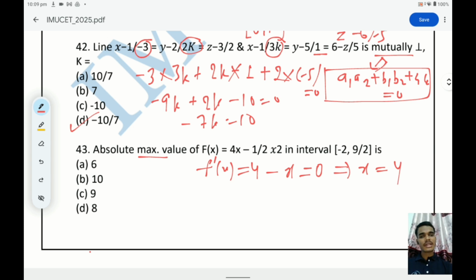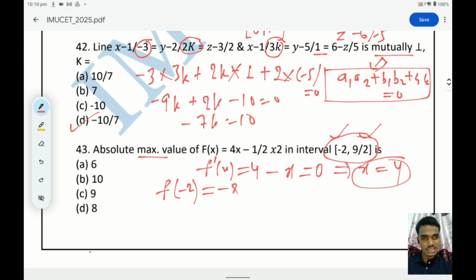Okay, and here some interval is also given, and we have to find the maximum value. So we will check our function at x equal to 4, at its lower value minus 2, and at 9 upon 2. f of minus 2 is minus 8, minus 1 upon 2 into the square of minus 2, that is 4. So this will be minus 10.